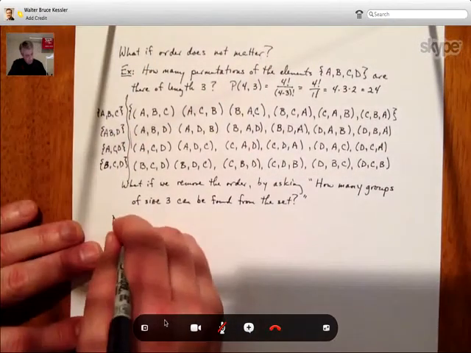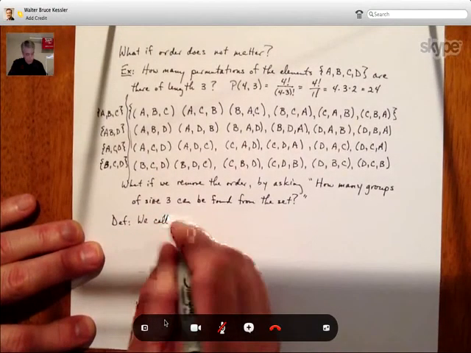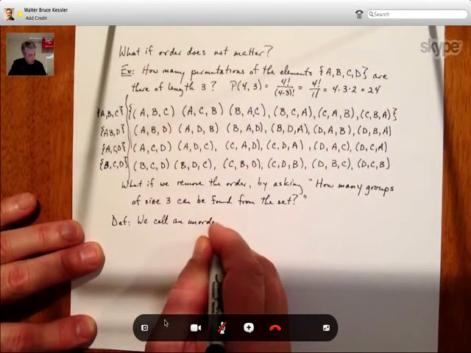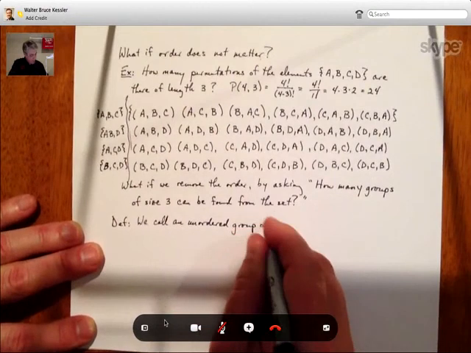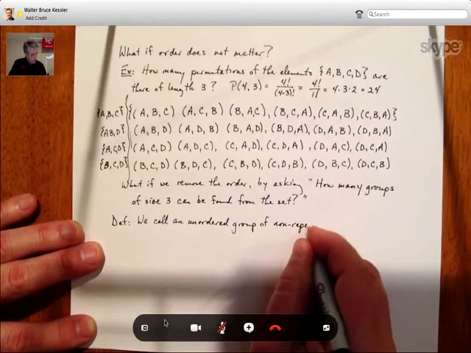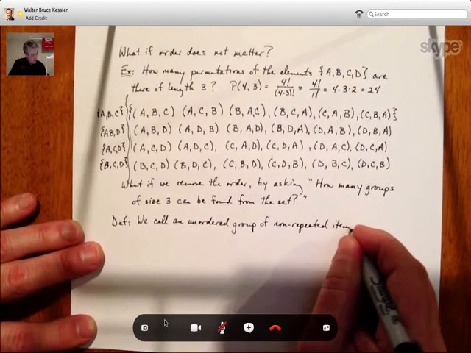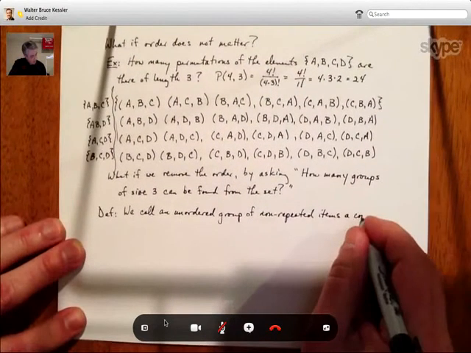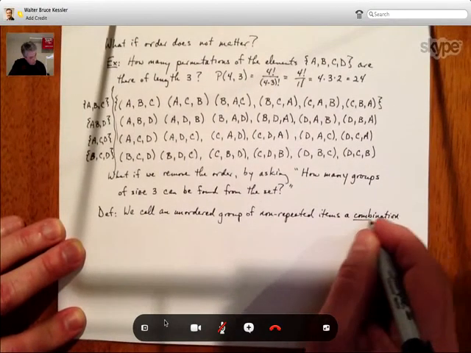Right, and I want to kind of differentiate there. Okay, we call an unordered group or collection of non-repeated items a combination.